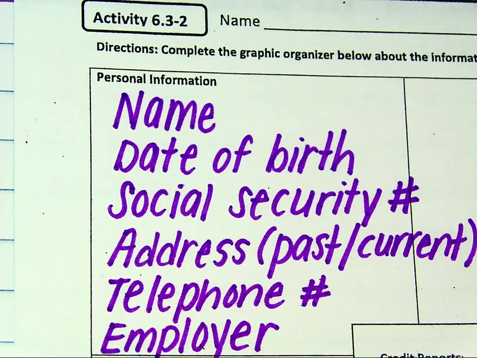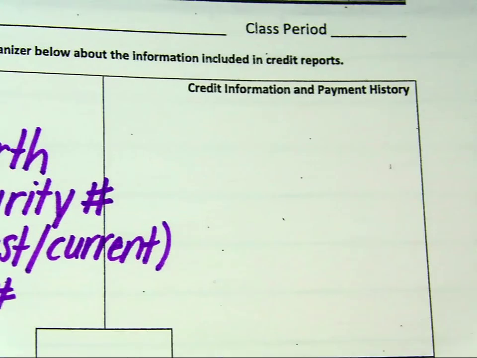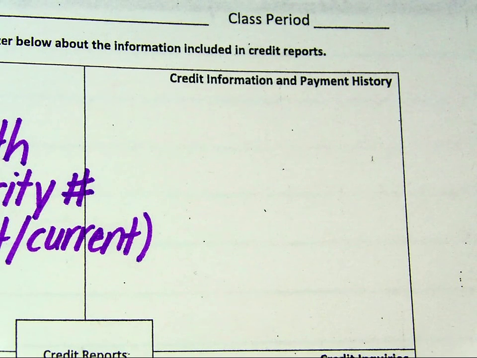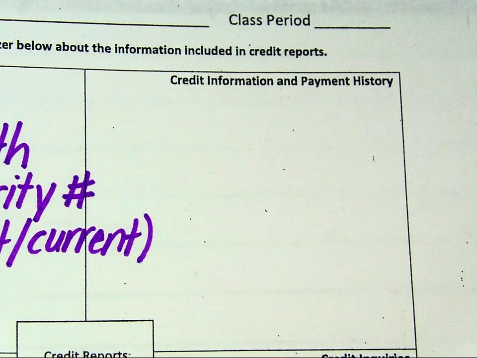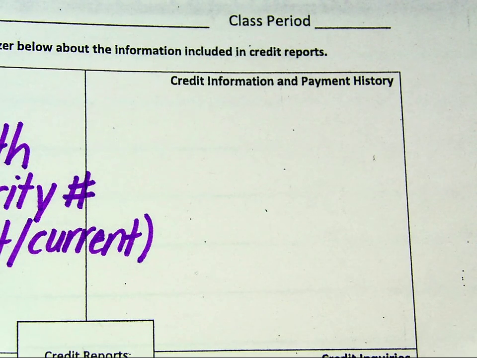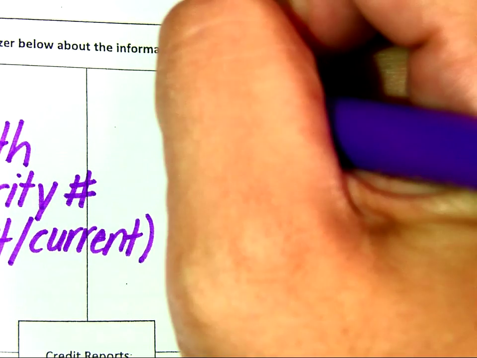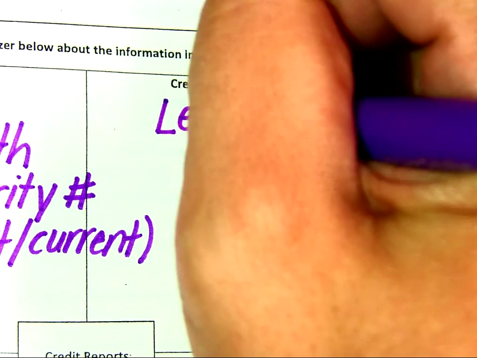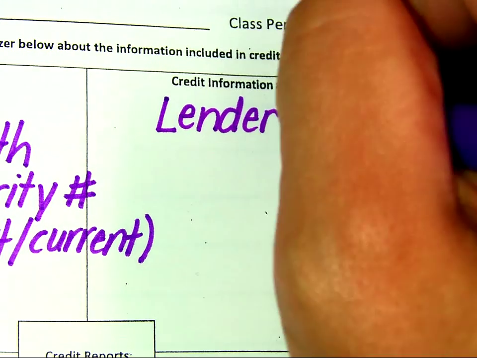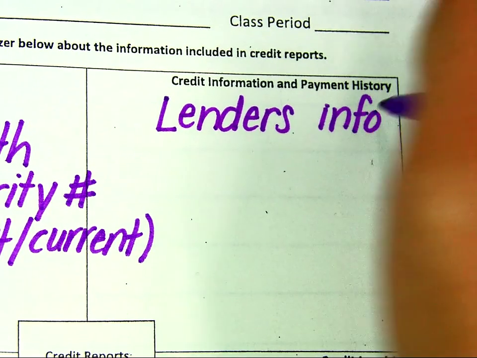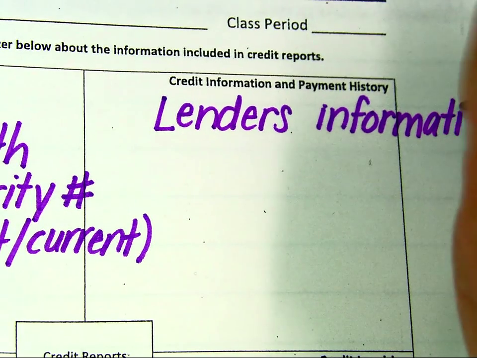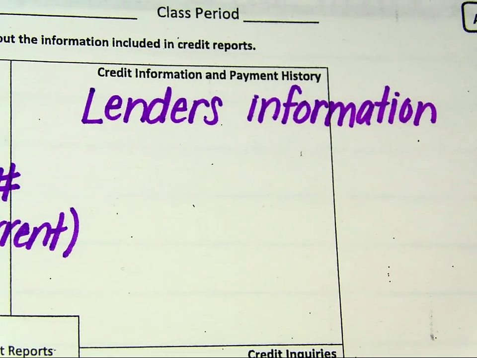Okay, we're going to go to the second section that is listed here as credit information and payment history. When you looked at the credit report example, it said credit information, and there's some information there that you'll find for all of the person's credit history, such as the lender's information. Let's scoot this over.